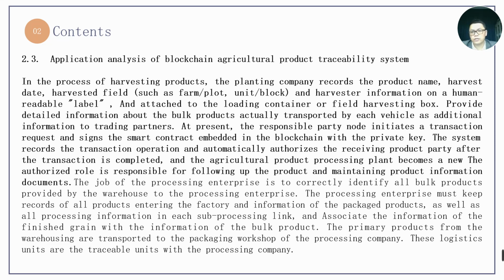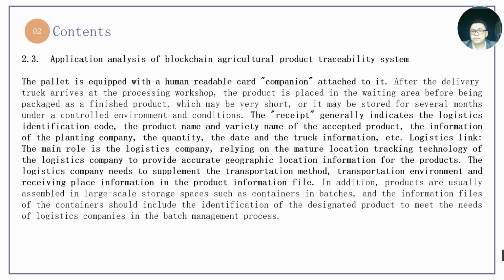The system records the transaction operation and automatically authorizes the receiving product party after the transaction is completed, and the agriculture product processing plant becomes a new authorized role, responsible for following up the product and maintaining product information documents. The parent is equipped with a human-readable card companion attached to it.